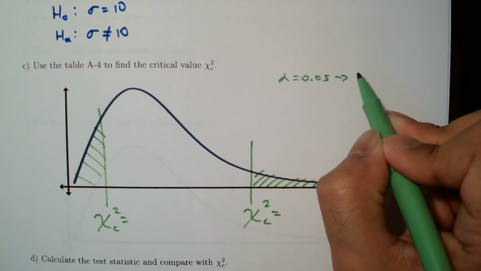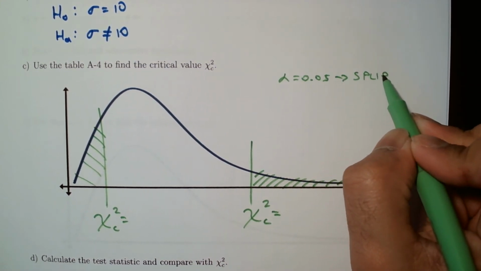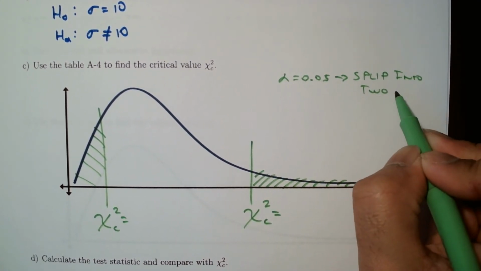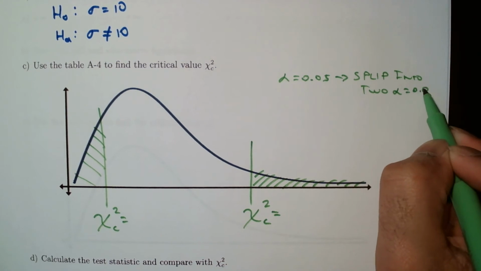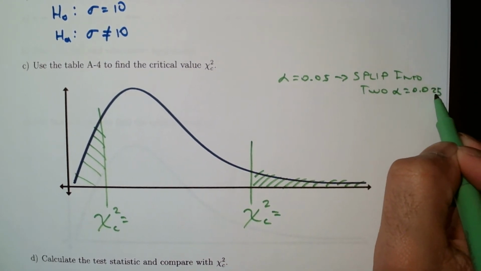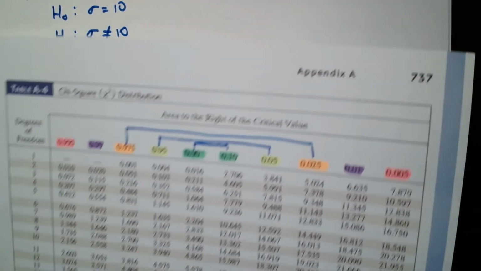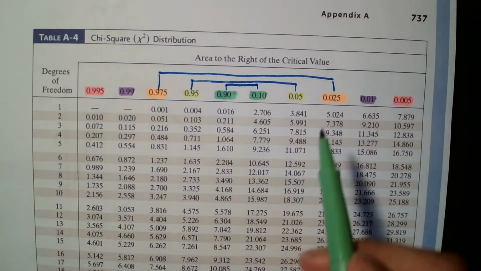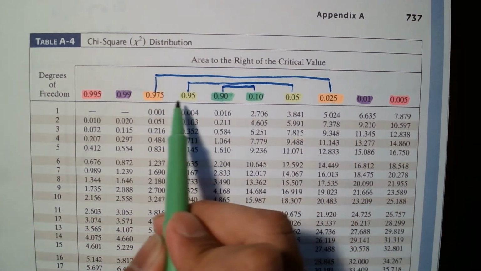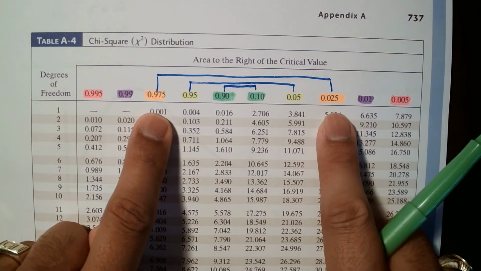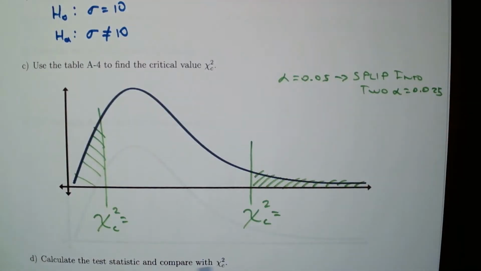This means alpha is split into alpha over 2 of 0.025. Okay, so how are we going to obtain those critical values? We're going to go to the table. 0.025 to the right, its complement would be 0.975, and we're going to go down to the number of degrees of freedom.